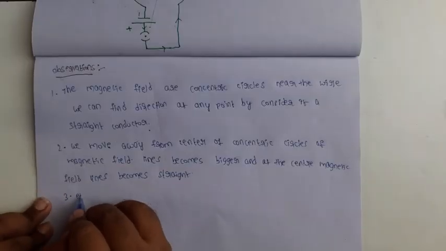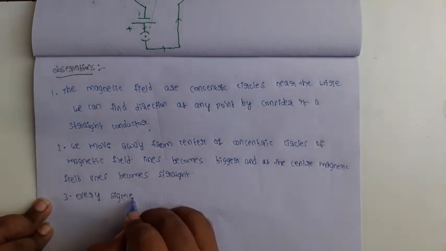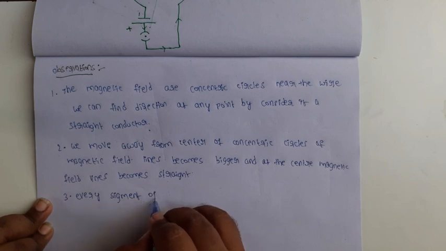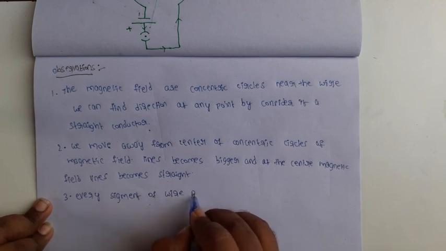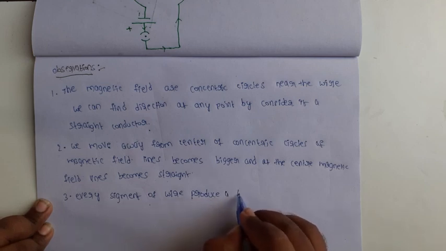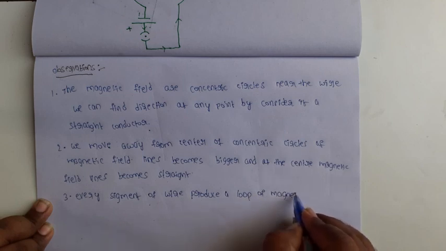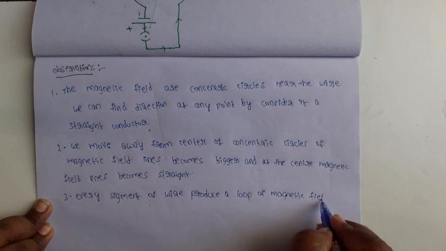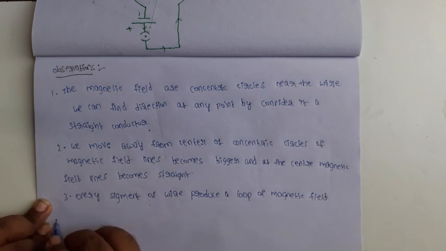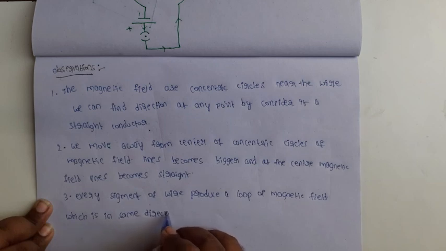Next point: every segment of the wire produces a loop of magnetic field which is in the same direction.